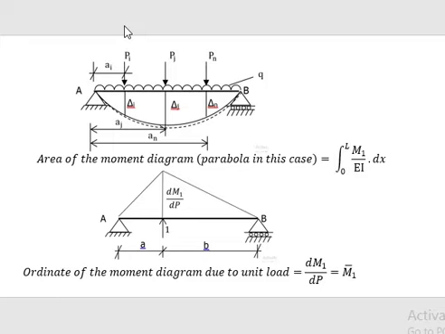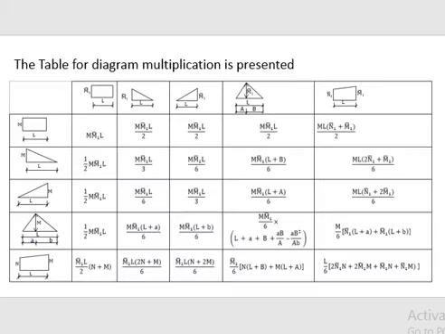So several cases have been arranged, solved, and their values presented in the table that follows. You can see the table. Above here are different shapes of bending moment diagrams.